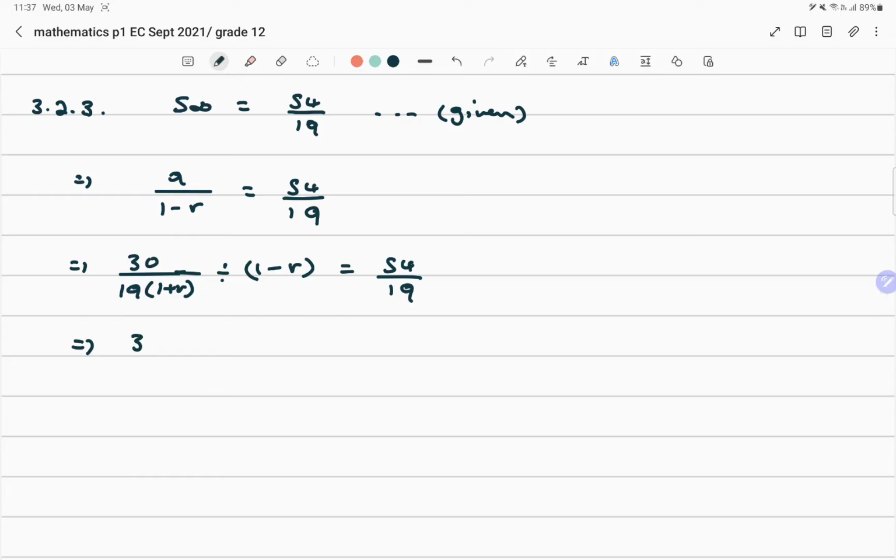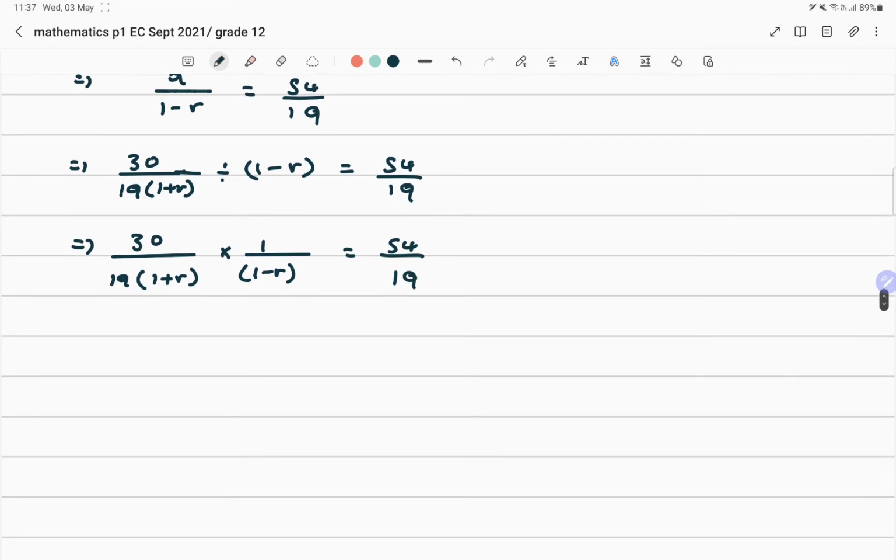So this is 30/19 into 1 plus r. Now when you change this to multiplication, it becomes 1 over 1 minus r equals 54 over 19. I'm just trying to show you the math, otherwise you could easily skip some steps here if you already know what's going on.